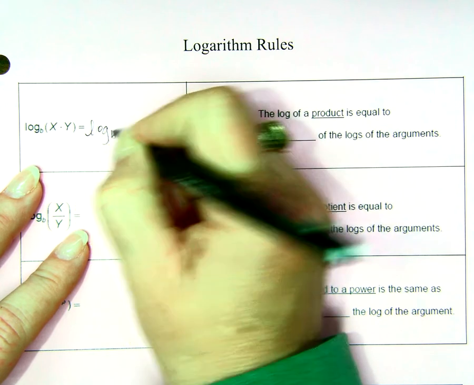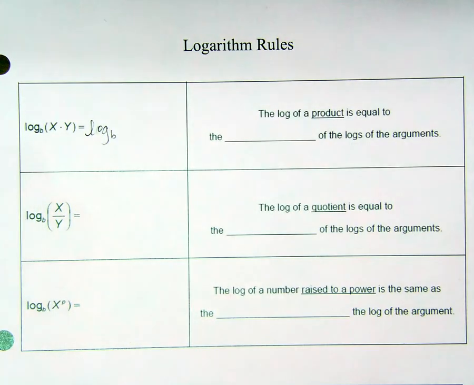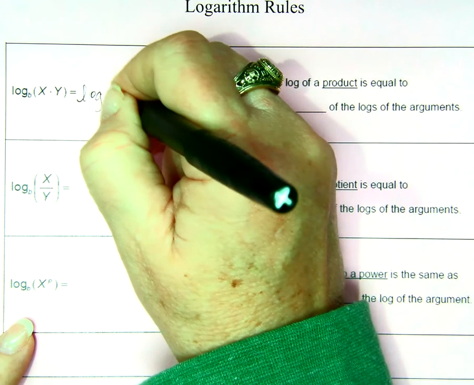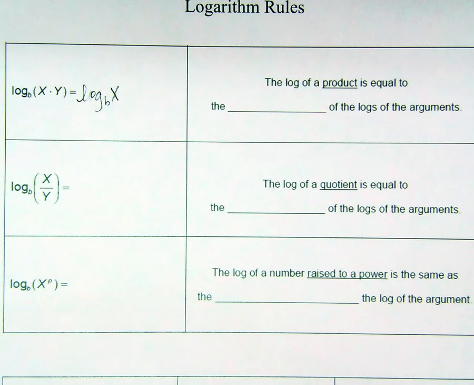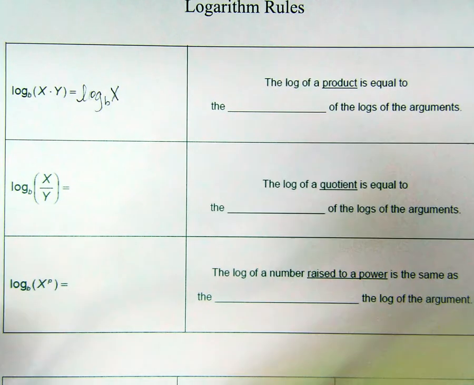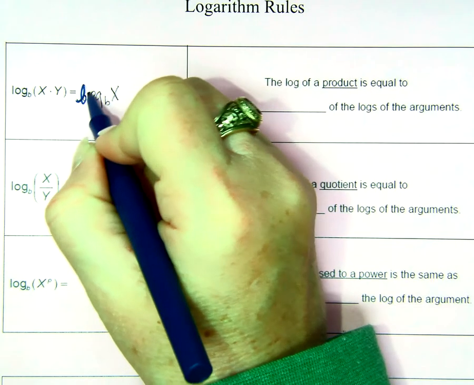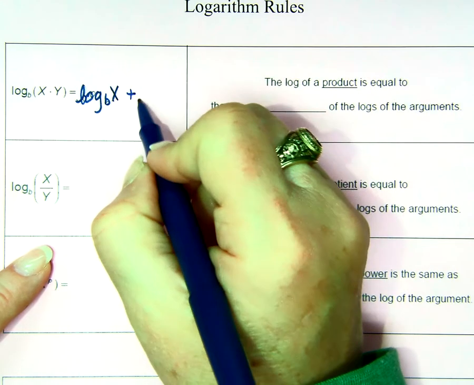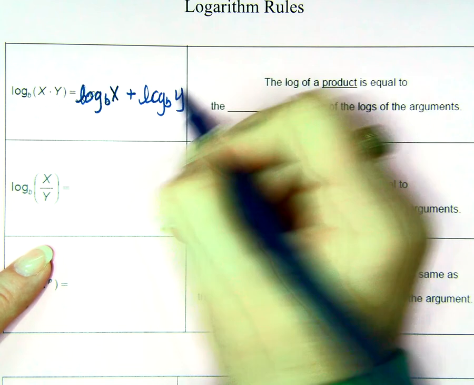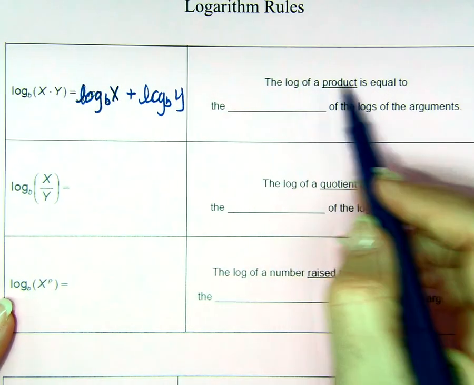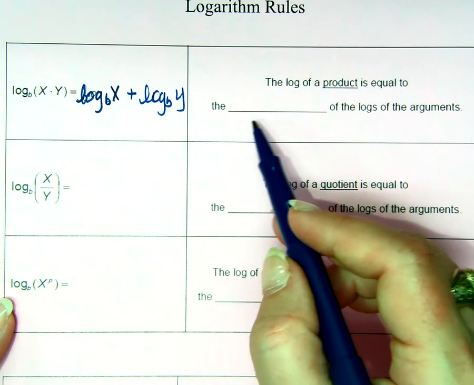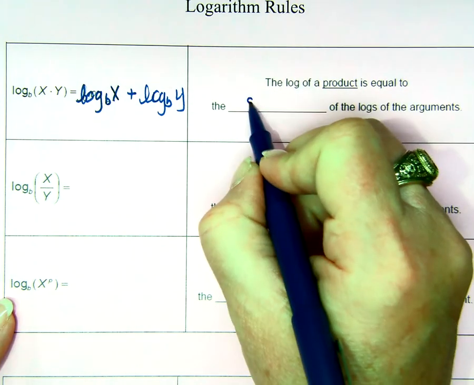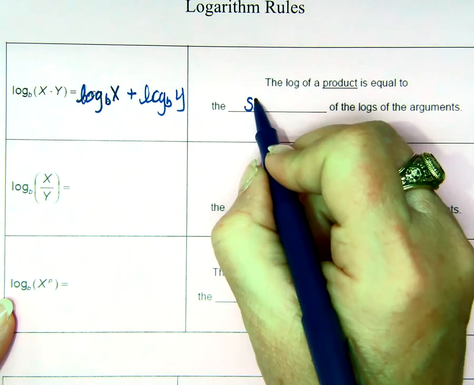Log base b of x plus log base b of y. Because the log of a product is equal to the sum of the logs of the arguments.